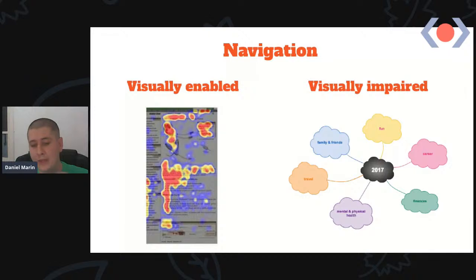They don't see the size of the text, they don't see the image, they don't see if it is bold or not. So in this case, you have to use different strategies in order to help them or provide them with the information they need to build this mental map.